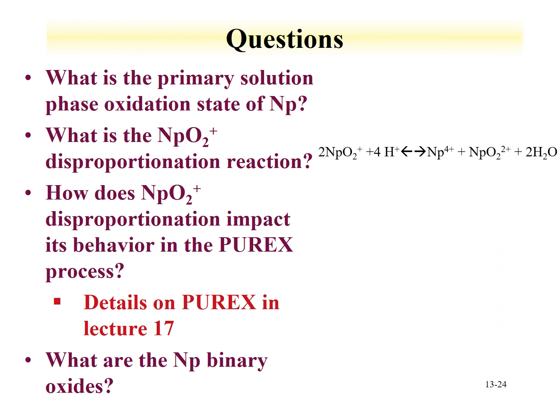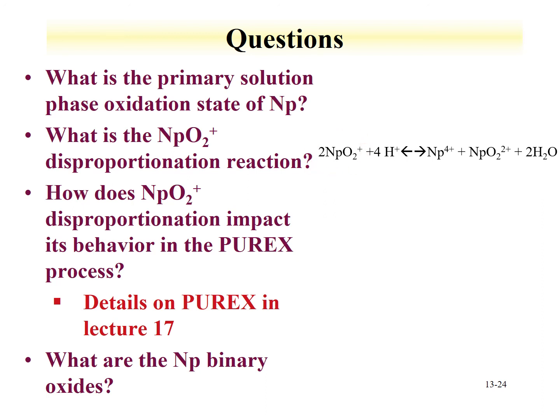Well, Neptunium-5 with acid goes to Neptunium-4 plus Neptunium-6. We have 2 neptuniums in the 5 state going to a 4 and a 6, so there's no net change in overall oxidation state. This is also a condition that one can evaluate to determine how to keep Neptunium-5 stable in solution. One would be not store it under acidic conditions and try to keep the concentration low.